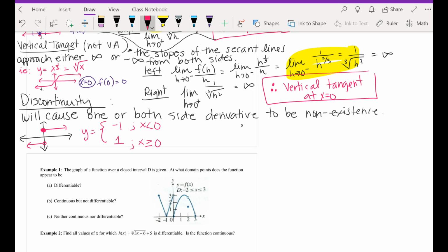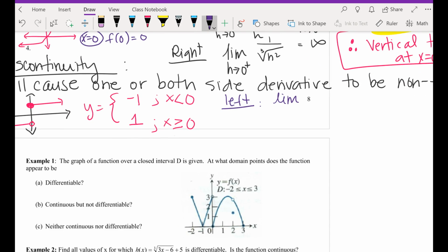So based on our definition, one of them has to be non-existent, or both of them. Let's see which one's non-existent, or both. Do you think both of them are non-existent? Yeah? Okay, well, let's check. Here's the left. I'm going to straight plug in the formula. Is that okay with all of us? Limit as h approaches 0 from the left. f of a plus h, a is 0, so can I just write f of h? Now I have to be very cautious with this.